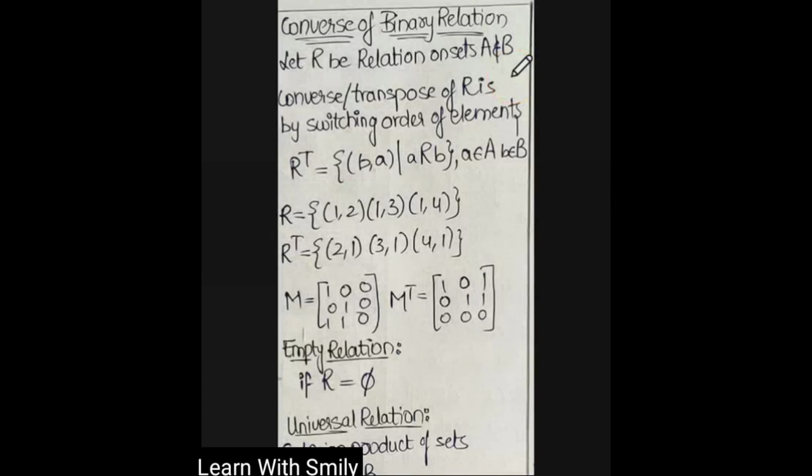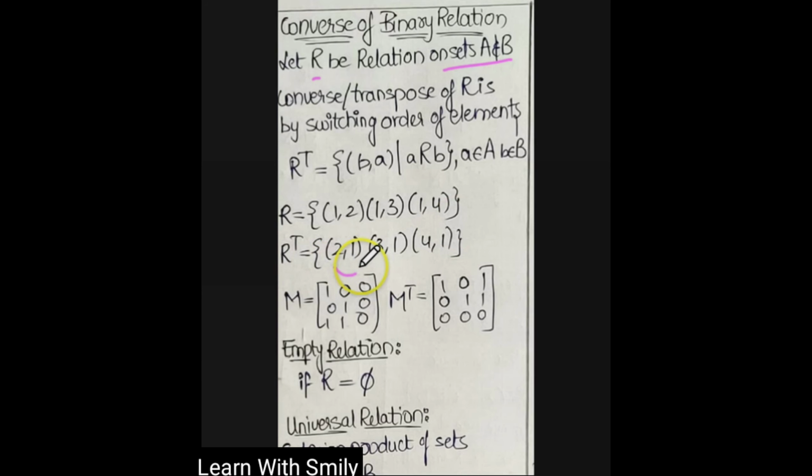The last operation is converse of a binary relation. Suppose we are taking a relation R on both the sets A and B, then the transpose of R is obtained by switching the order of elements. Let me make this clear. Suppose we are taking A comma B, then the transpose will be B comma A. Suppose we are taking 1 comma 2, 1 comma 3 and 1 comma 4, the transpose will be switching the order.